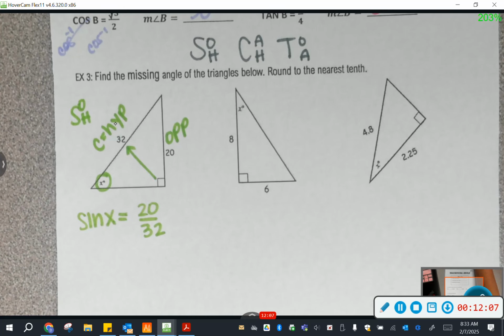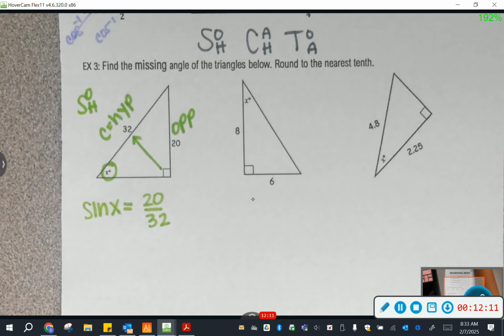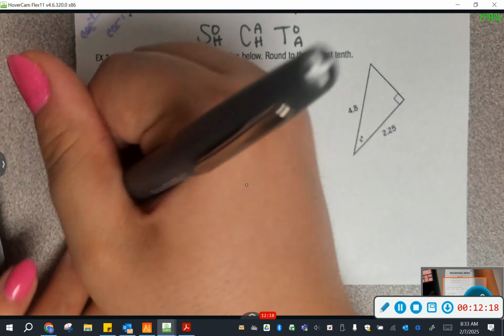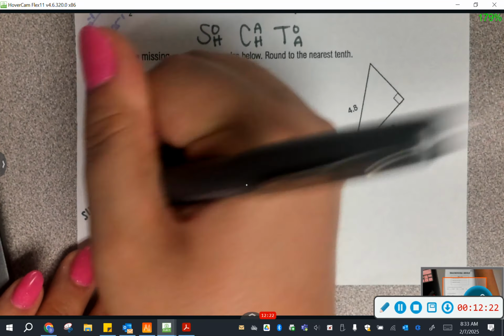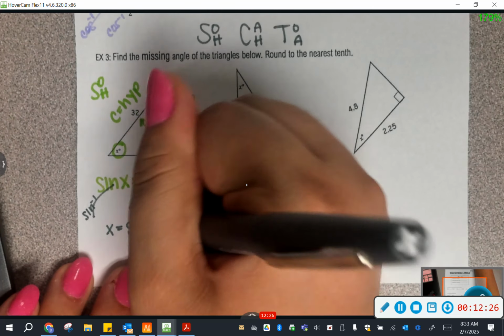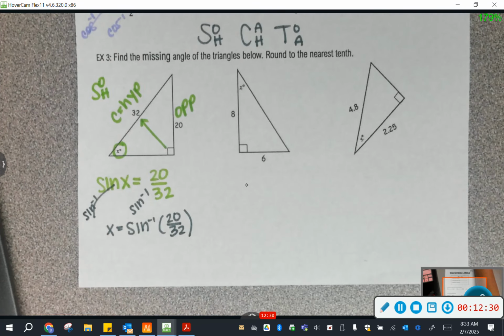And what do I do here? How do I get x by itself? Sine inverse. I'm going to do what we just did. I'm going to inverse, and what you do to one side... And put this in the calculator. What is the inverse sine of 20 over 32?